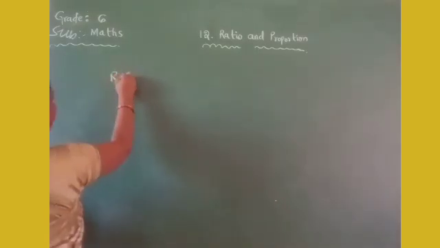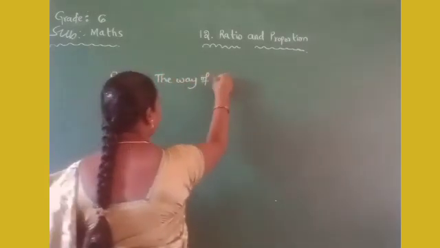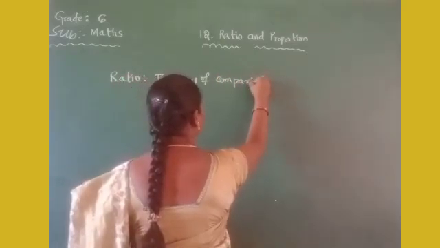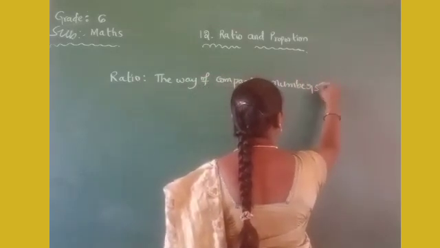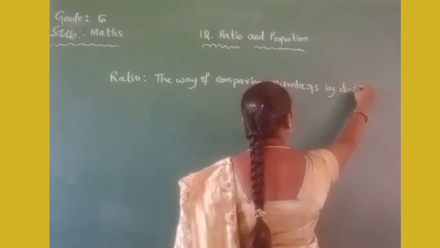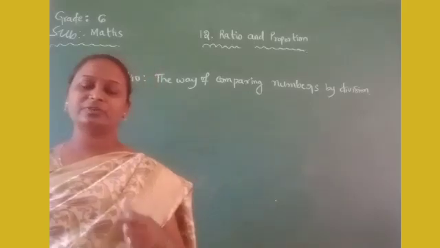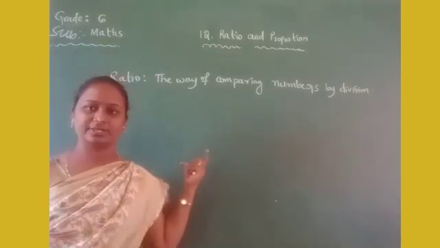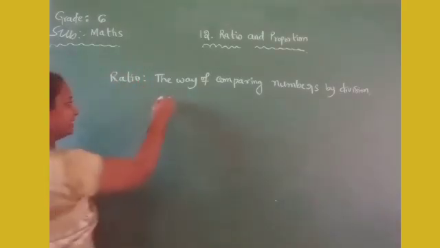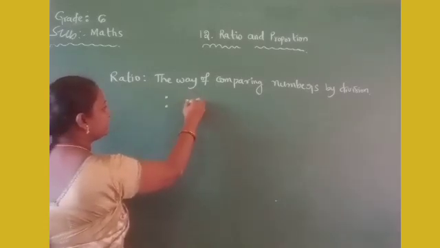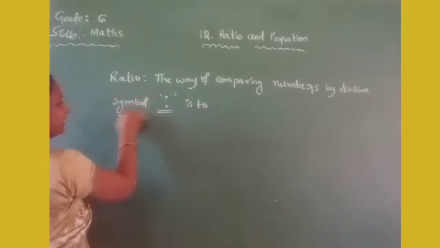We are always doing subtraction, but that is not always possible. If you do the division, you can say how many times more. So the ratio is the way of comparing numbers by division. The ratio symbol is "is to". This is the symbol of the ratio.